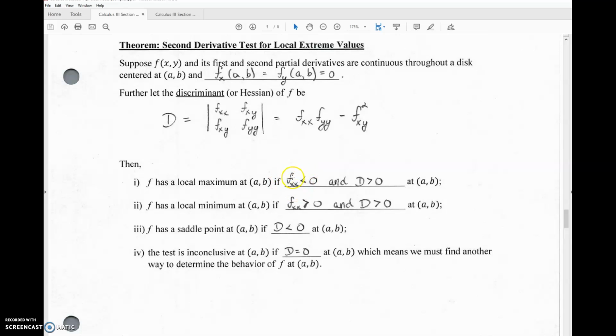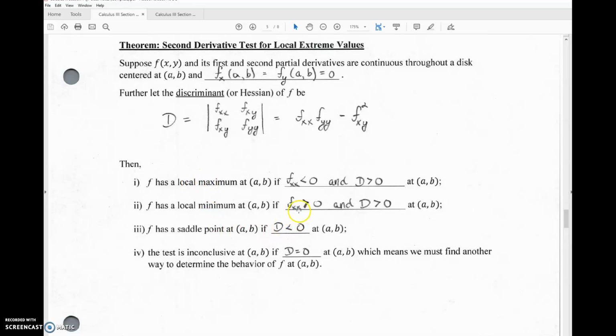So similarly here, second partial with respect to x less than 0 looks like it's going to be a local maximum as long as that discriminant is also greater than 0. I'm not going to do the proof behind this, but essentially what this discriminant does is it looks in different directions and determines that you can't have it going up in any of the other directions. So as long as that discriminant is greater than 0 and the second partial of f with respect to x is less than 0, we're going to have a local maximum.